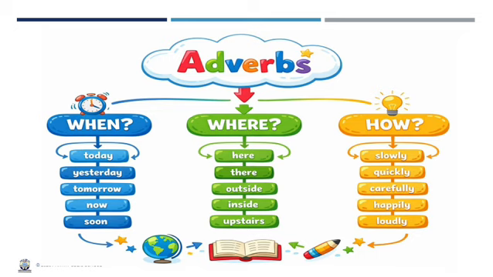All these words show us how the action is done. So remember, the words that tell more about the verbs, more about the action, how the action is performed, when the action is performed, and where the action is performed are adverbs that add more to the verbs.